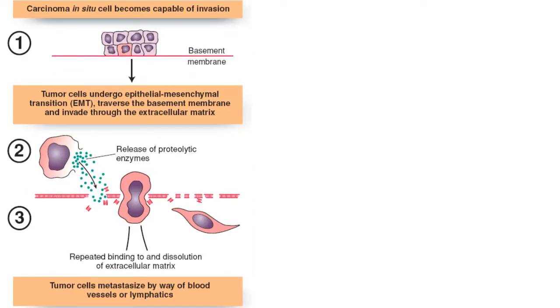Again, this is the summary of the mechanisms, the multi-step process of metastasis and invasion. In one, the tumor that was confined above the basement membrane achieves invasiveness by interaction and expression of many adhesion molecules.